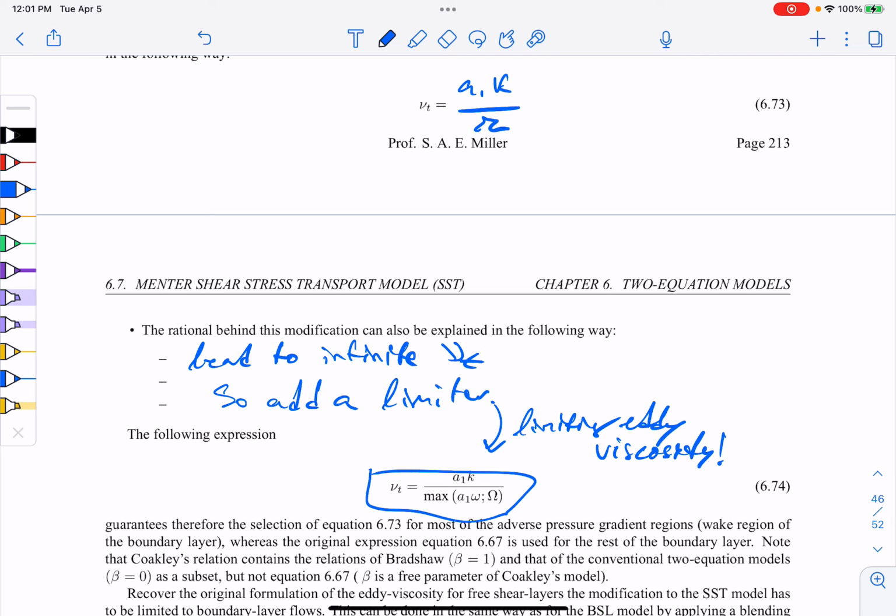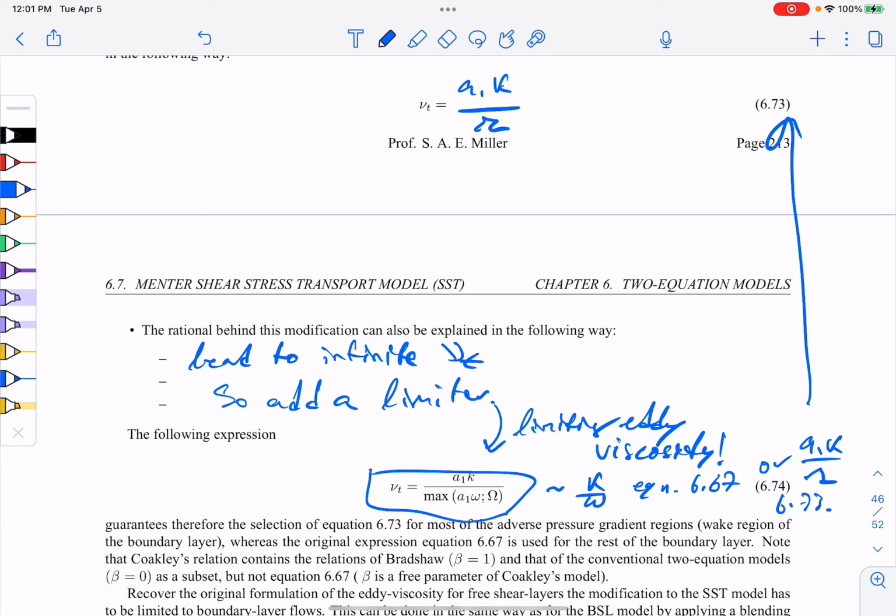So that might go, as you can see, as K over omega in equation 6.67, or A1K over omega, as in 6.73. So you actually have a little switching depending on if you're in a region of the flow with a huge adverse pressure gradient and shock.